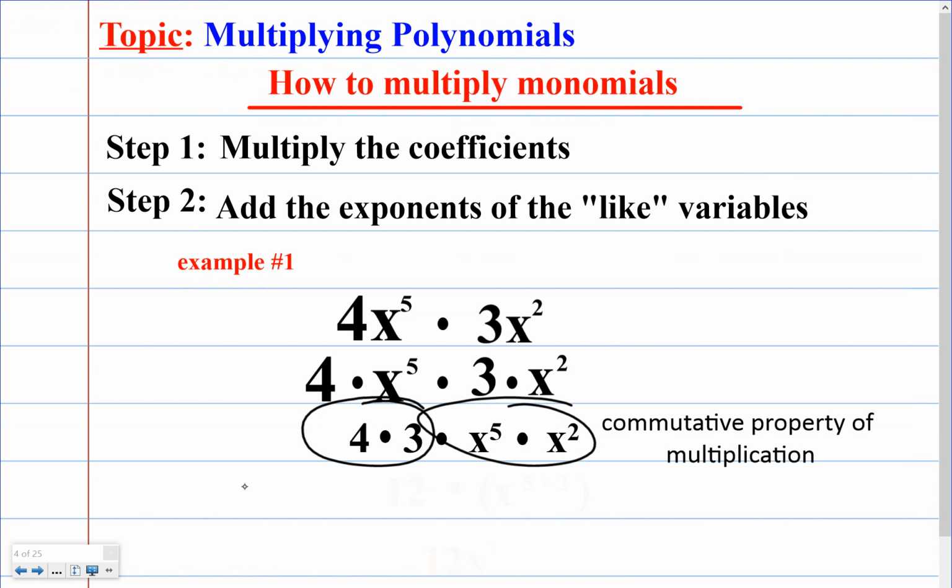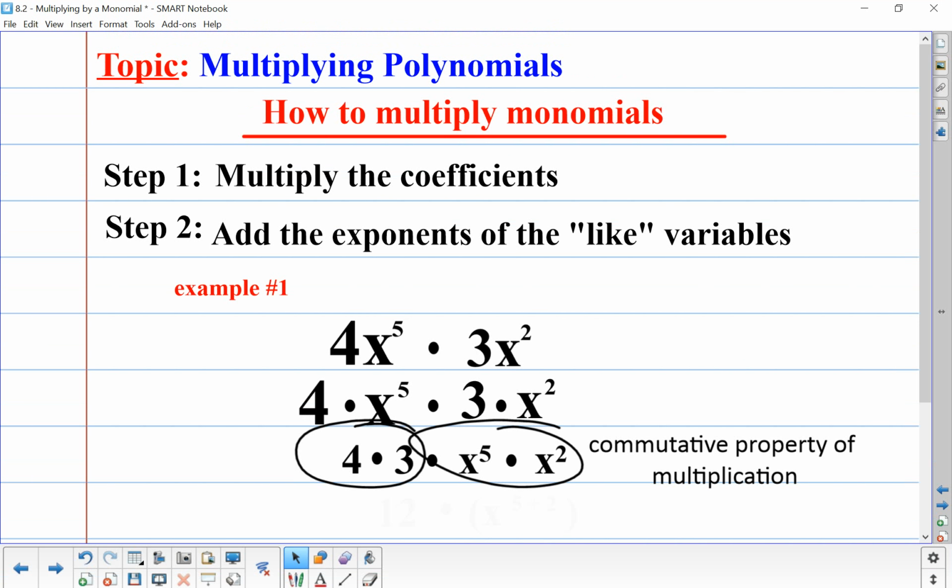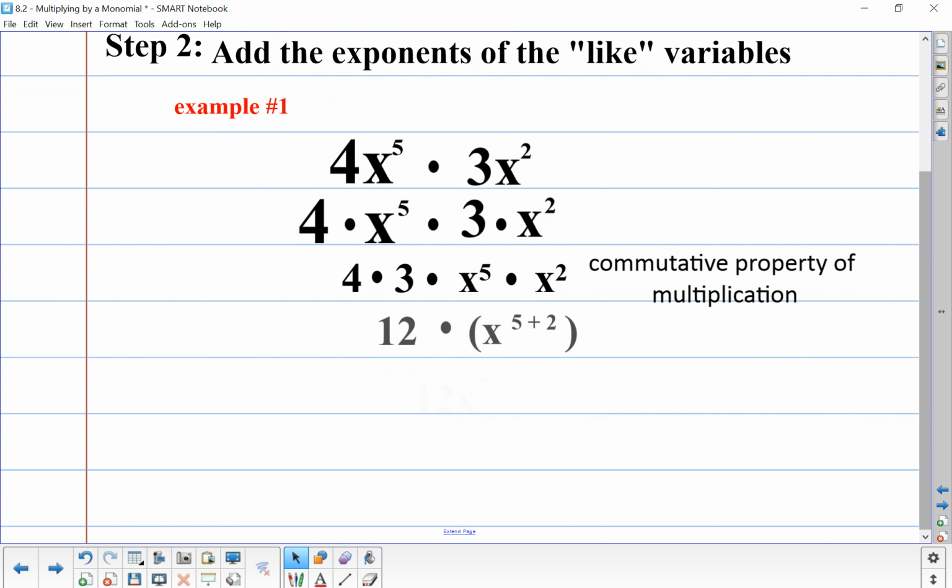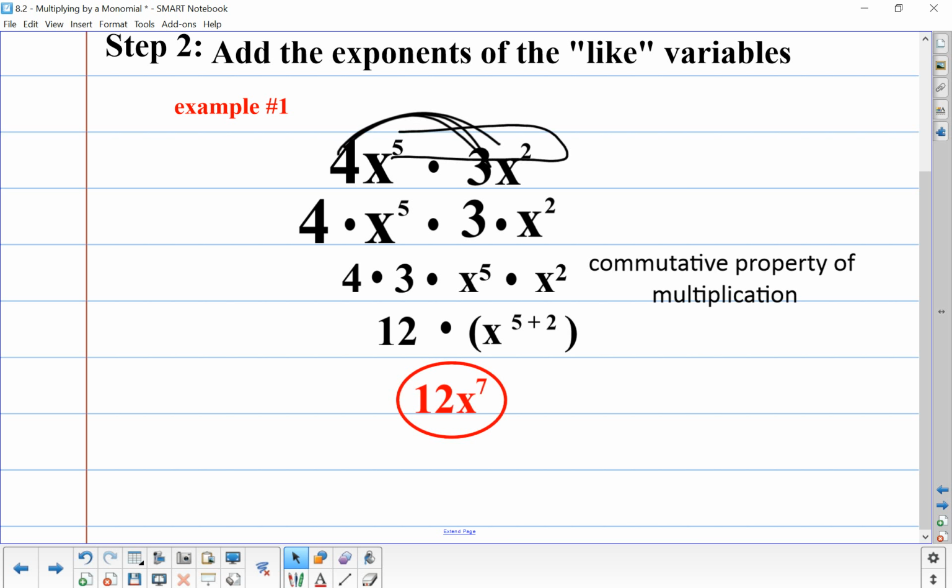So when I multiply 4 times 3, I get 12. And with the x's, I'm going to keep the base and add the powers. It gives me 12x to the 7th. So multiply the coefficients and add the powers, but only if the variables are alike.